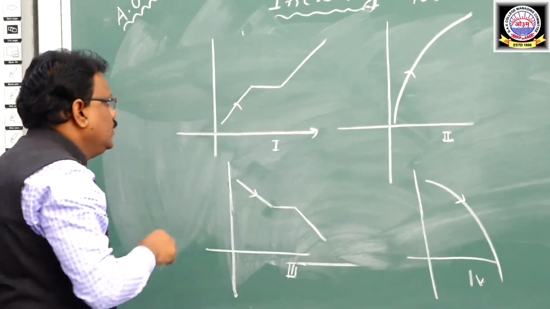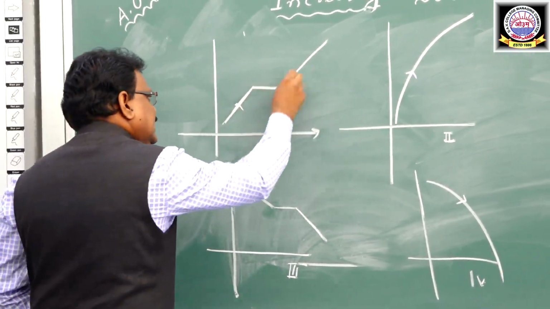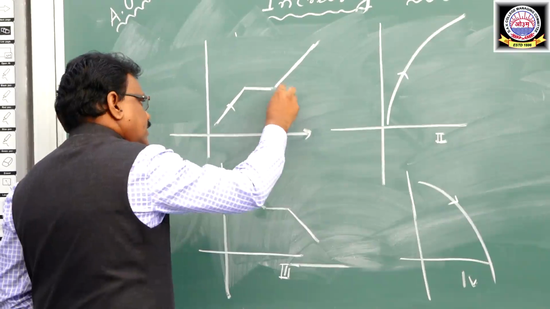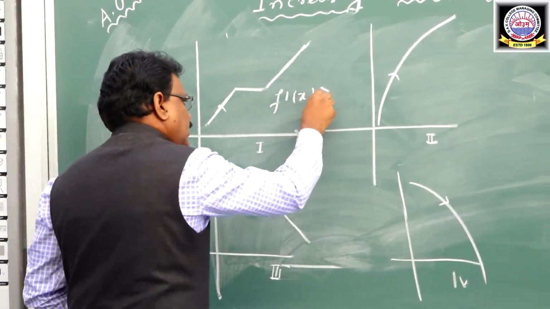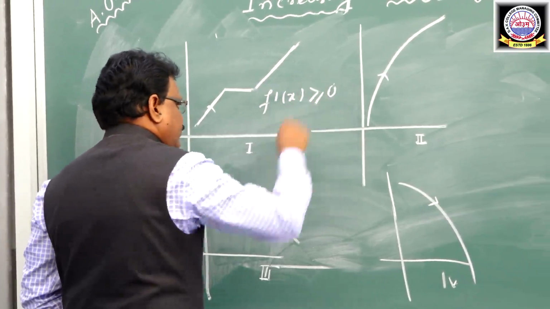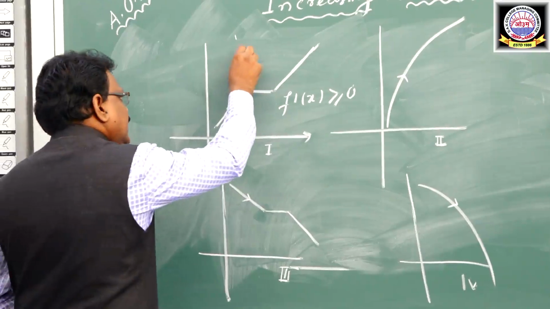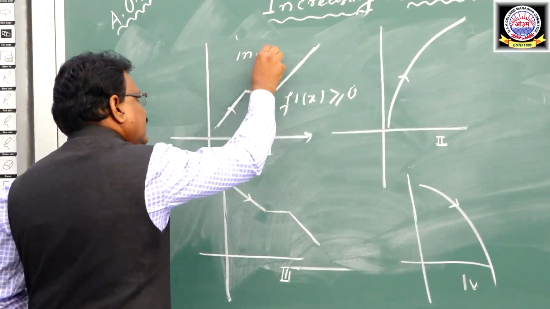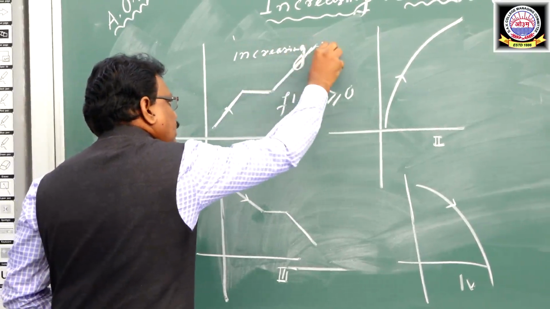In graph 1, you see, it is an increasing function. Increasing function means the derivative f dash x is greater than or equal to 0. Note down here.